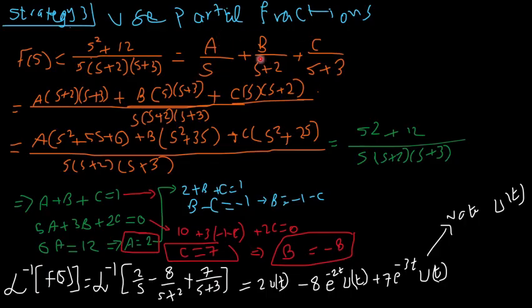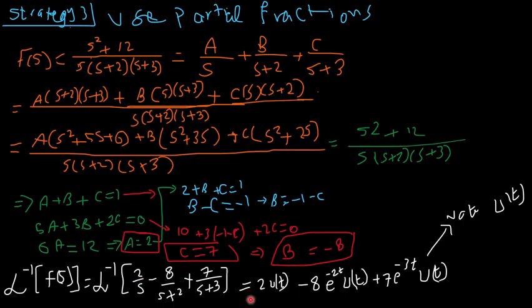Plugging this into the partial fractions, we will have F(s) equals 2 over s minus 8 over s plus 2 plus 7 over s plus 3. These, from the table, are the inverse Laplace transforms for the unit step functions with some shifts.